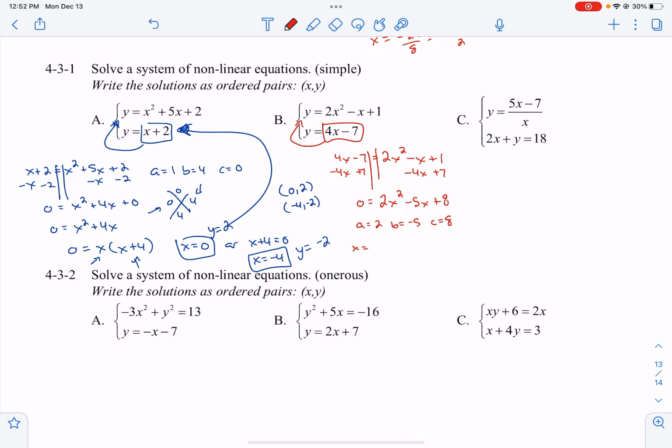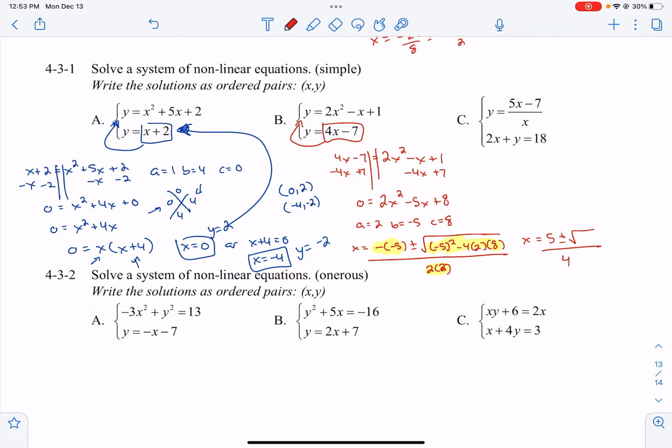So x equals negative b plus or minus the square root of -5 squared minus 4 times a, which is 2, times c, which is 8, all divided by 2 times a, which is 2. So when I clean up these pieces, I end up with x equals 5 plus or minus the square root of something over 4.